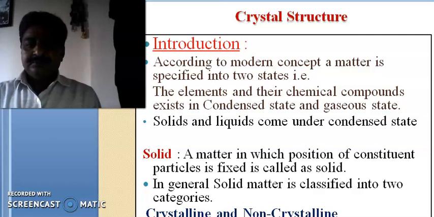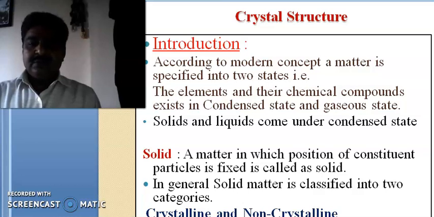As per the modern concept, matter is classified into 2 states. That is, the chemical compounds and elements exist in 2 states.